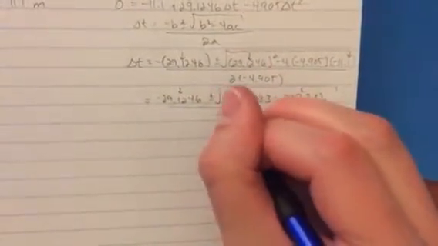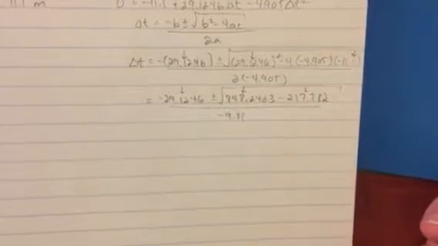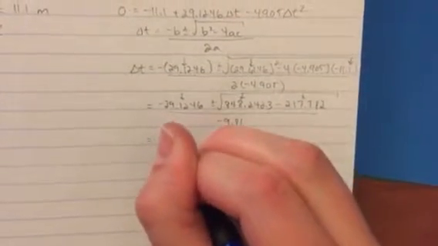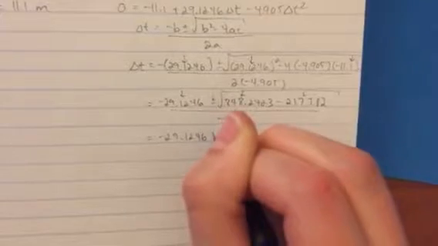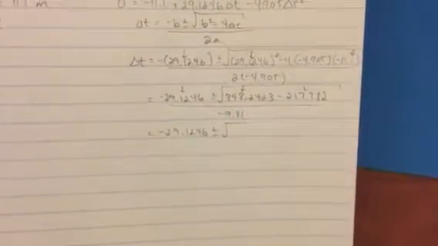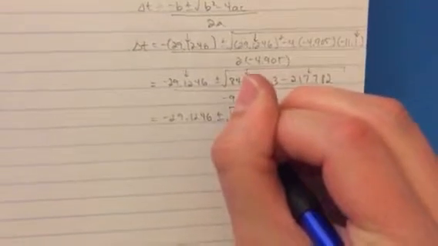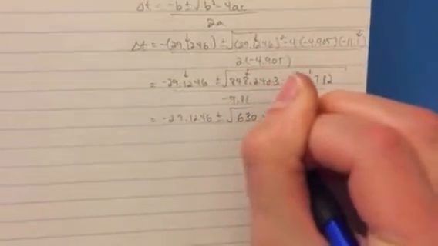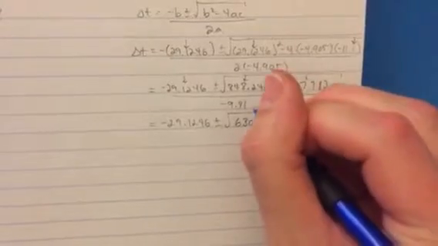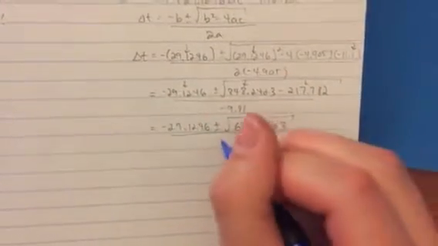And in my denominator, I've got 9.81 again. So when I subtract those two numbers under the square root sign, I end up with 630.4603 with three significant figures again.